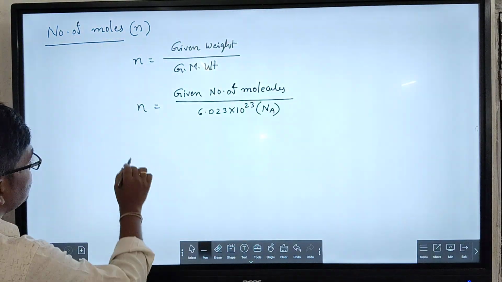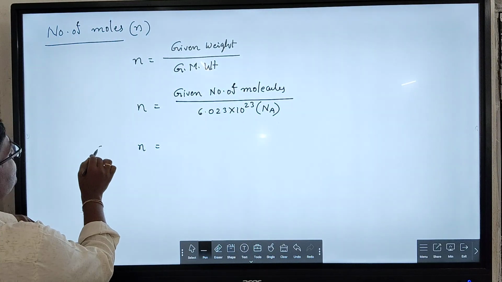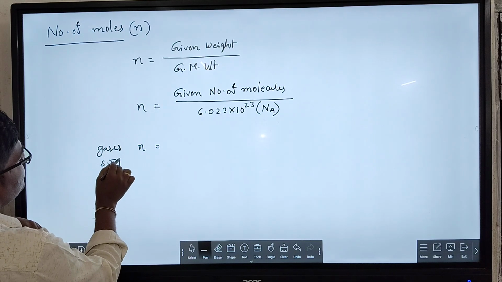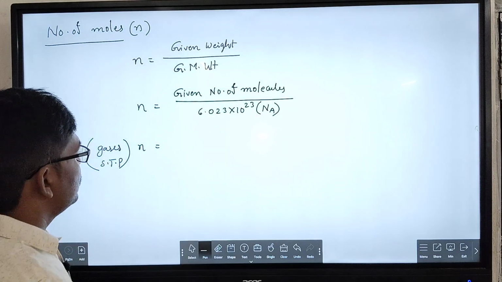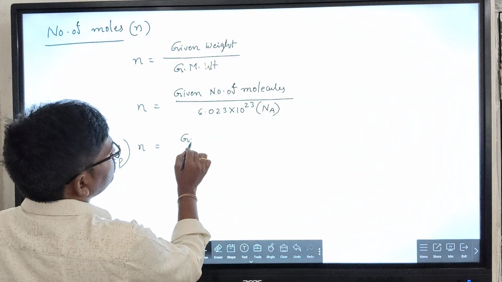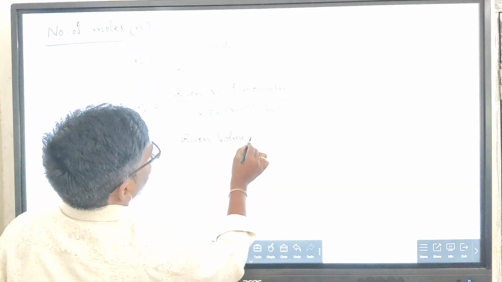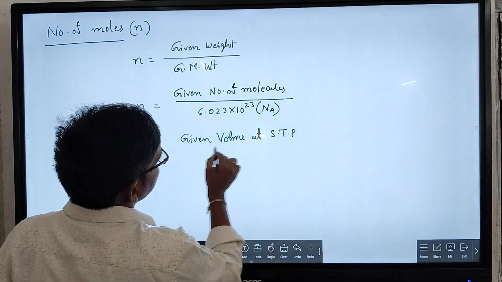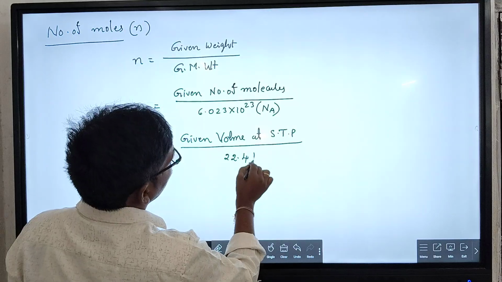Some other cases, the number of moles, it is mainly for gases. When gas is present at STP conditions, we have to use this formula. Sir, what is the formula? Given volume at STP conditions divided by 22.4 liters.